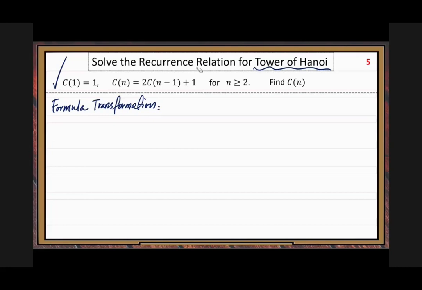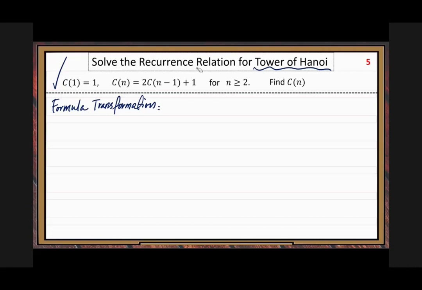By formula transformation, using some smart manipulation. Very smart. Anyone can see some special smart trick to take away that constant part? 1 can be replaced with C of 1.